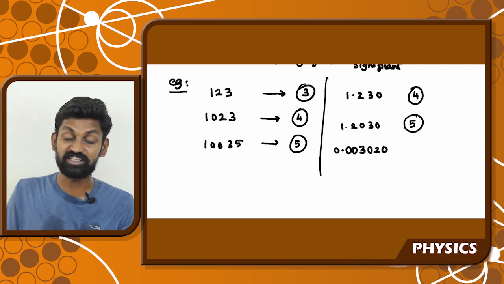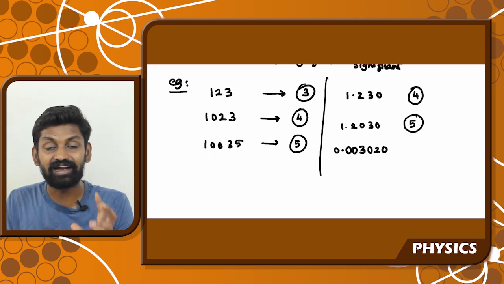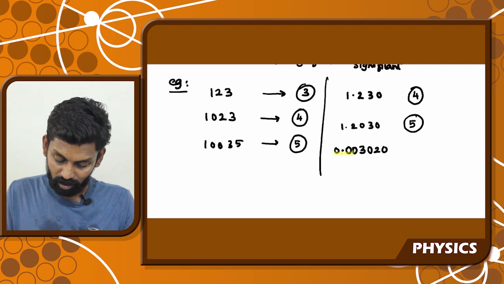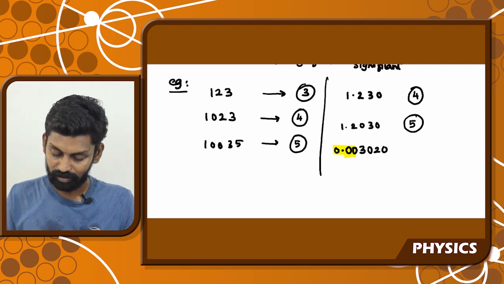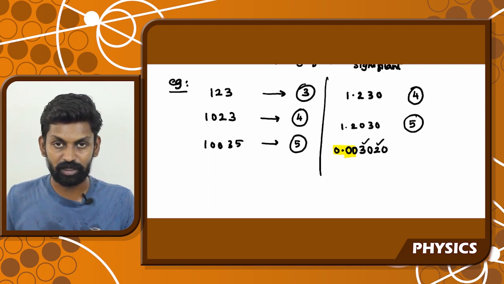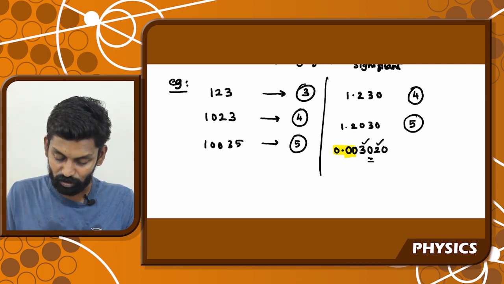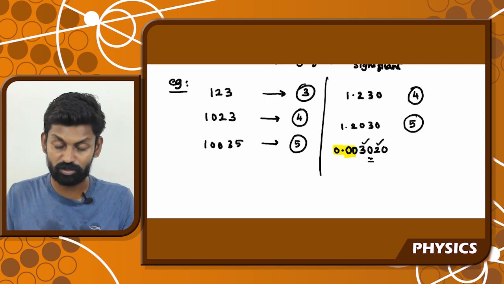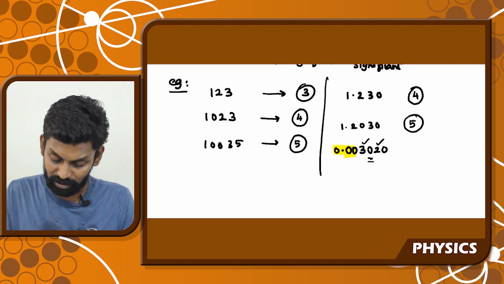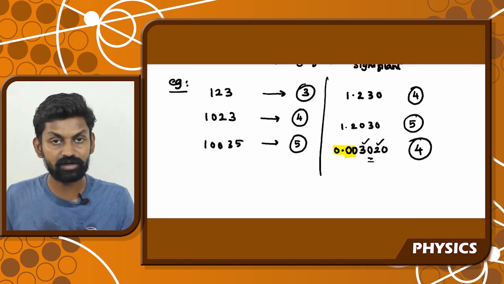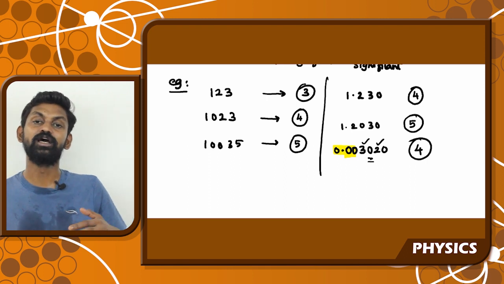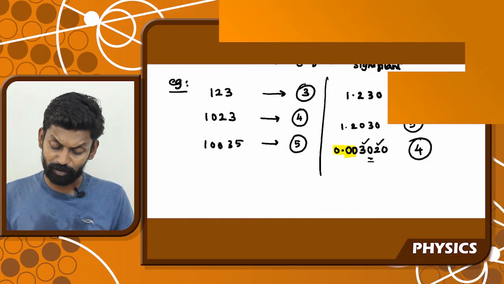Total number of digits are 7 in this given number, but there are leading zeros in a decimal number, so all these are not significant. 3 is a non-zero, 2 is a non-zero, they become significant. The other zero which is in between the two non-zeros will become significant, and since this is a decimal number, the trailing zero also becomes significant. So total number of significant figures are 4. So this is about trailing zeros and leading zeros in a decimal number.